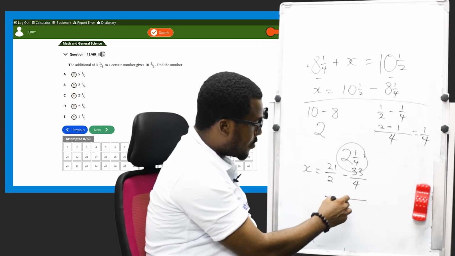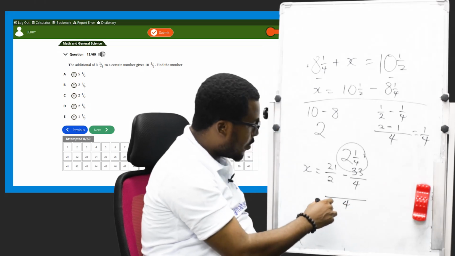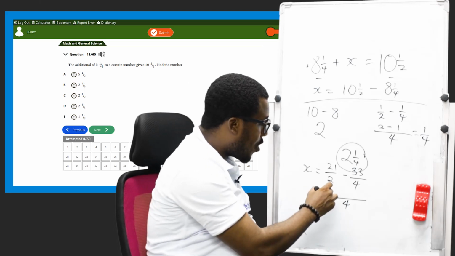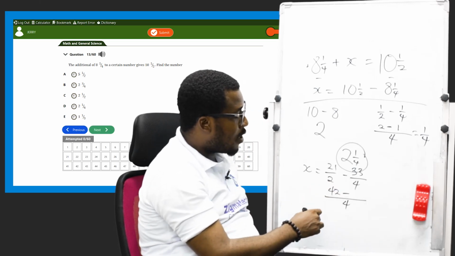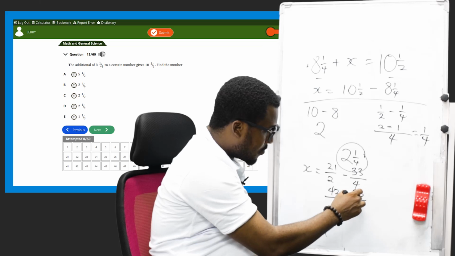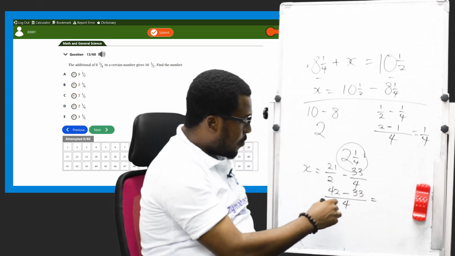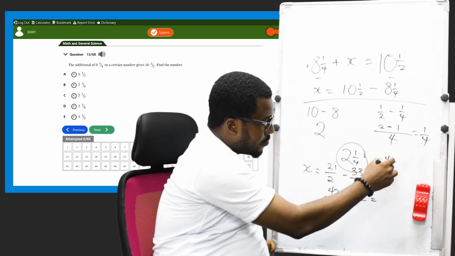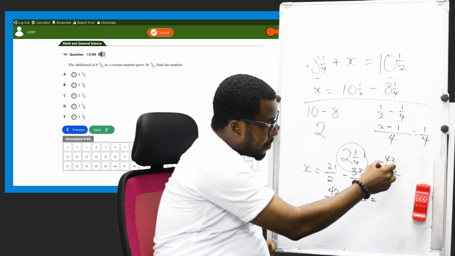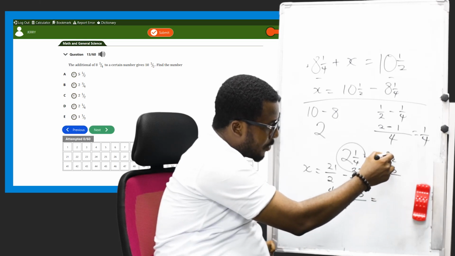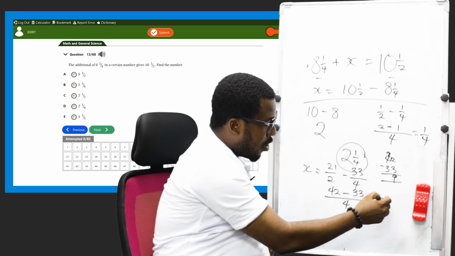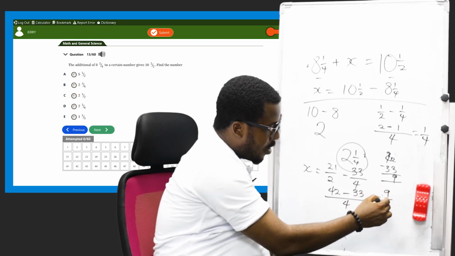Then you find your common multiple, which is 4. 4 divided by 2 gives 2, 2 times 21 is 42. 4 divided by 4 is 1, 1 times 33 is 33. Subtracting 33 from 42, you borrow 1 here, this becomes 3, and this becomes 12. 12 minus 3 gives 9. So your answer here is 9 over 4.